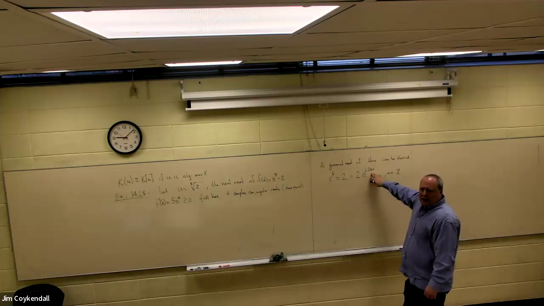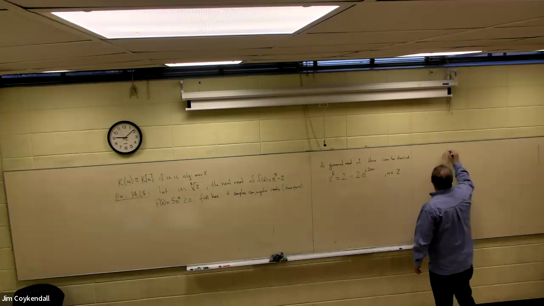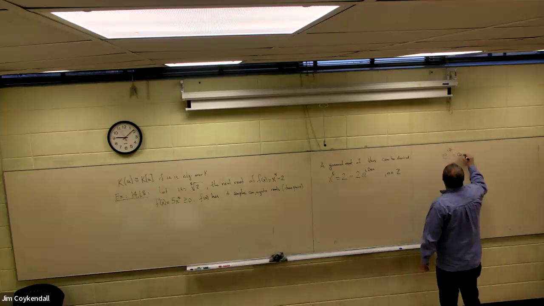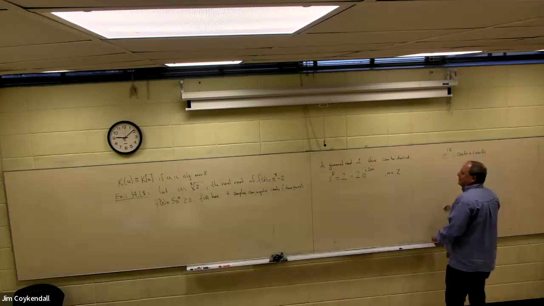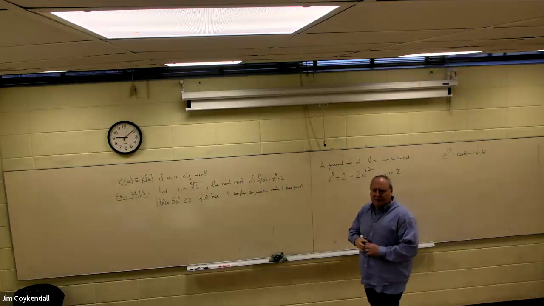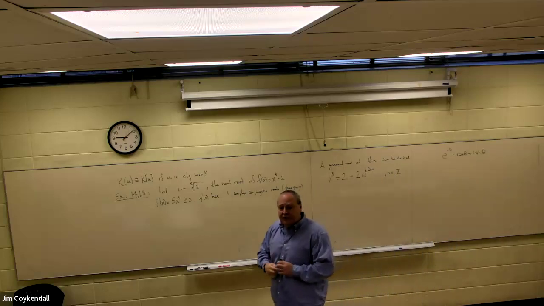Notice e to the 2 pi i is, are y'all familiar with e to the i theta is cosine theta plus i sine theta? How many of you have seen this before? Where did you first see it?